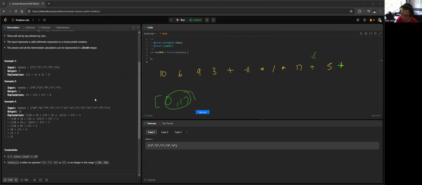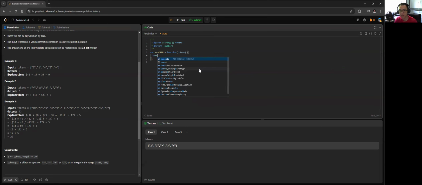We pop out the last two, do the operation, add it back. Then 5, and now we see an operator, pop it off, and add. At the end, we just return the first element of the stack. This is very easy to do using a stack.